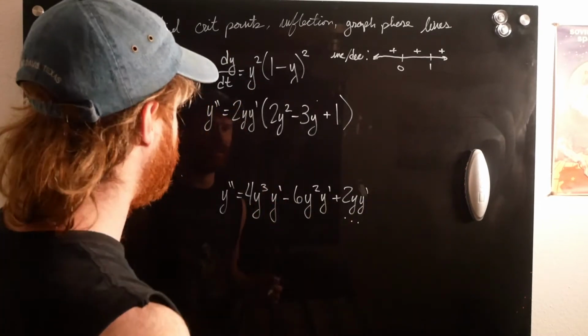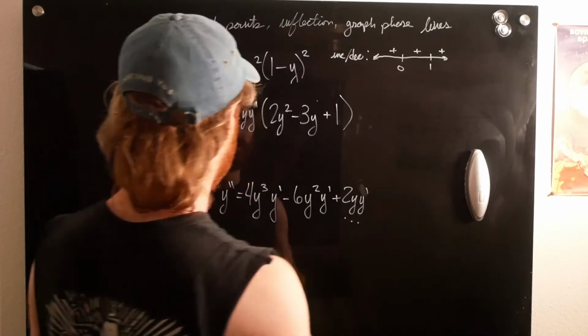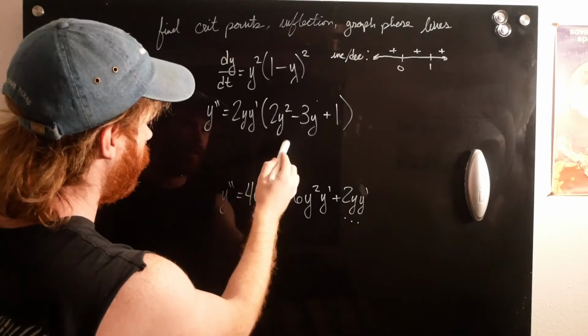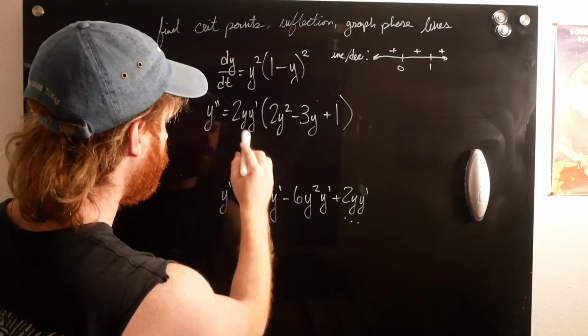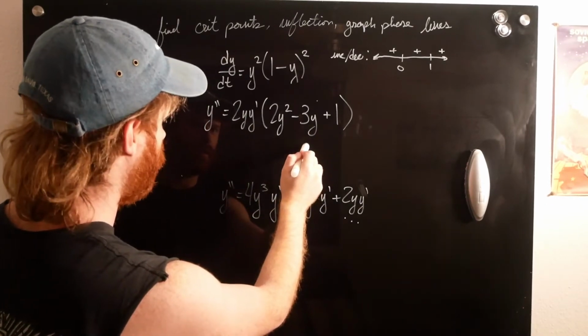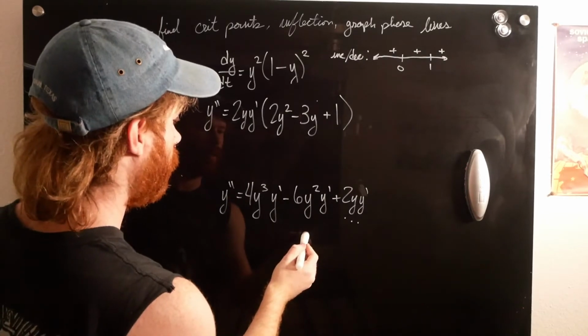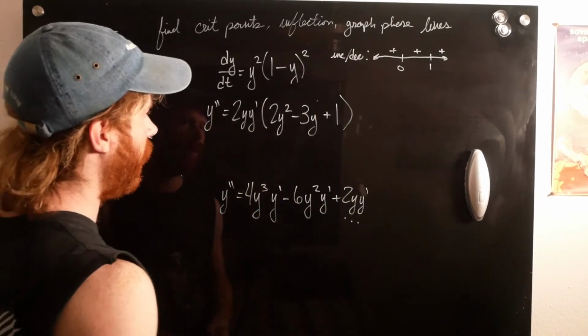So let's make sure that that's correct. So 4y cubed y prime, negative 6y squared y prime, and then 2y y prime, right?